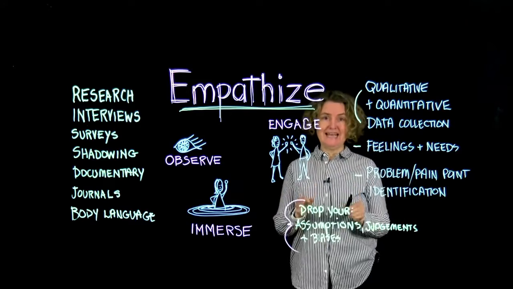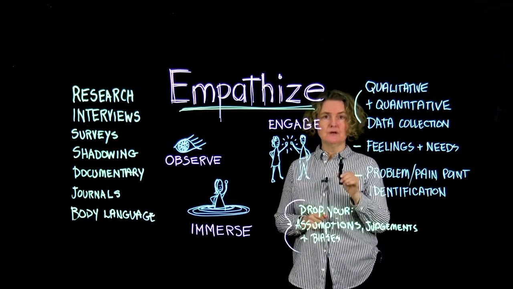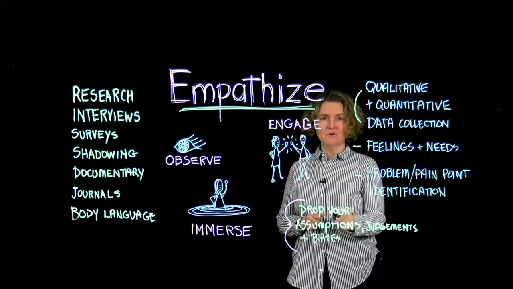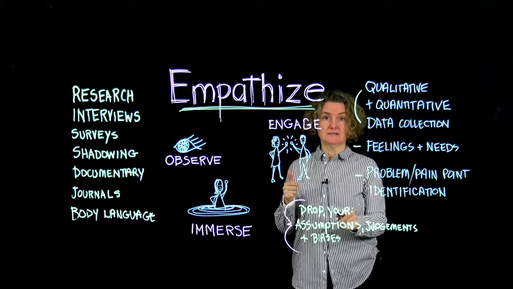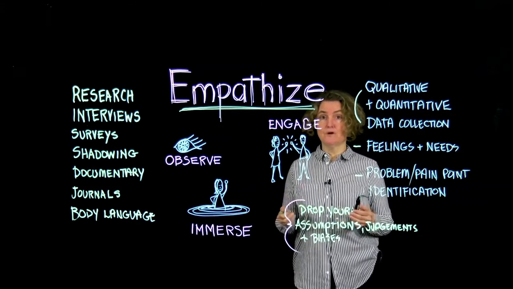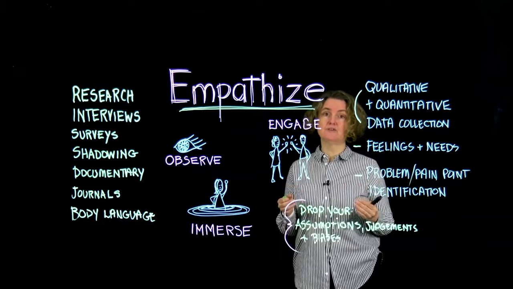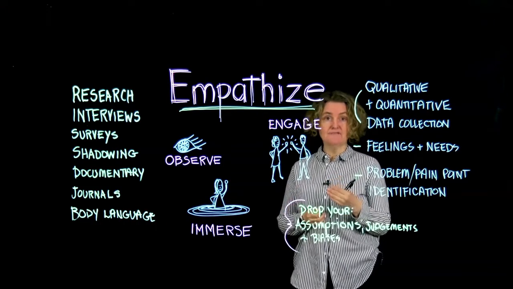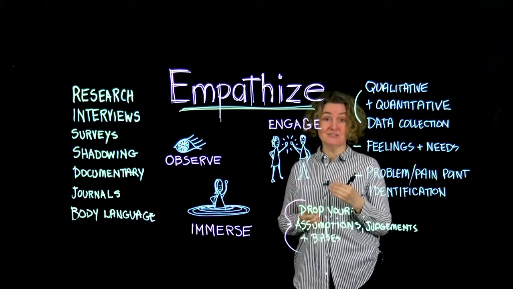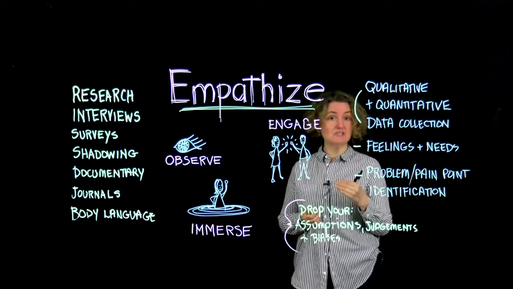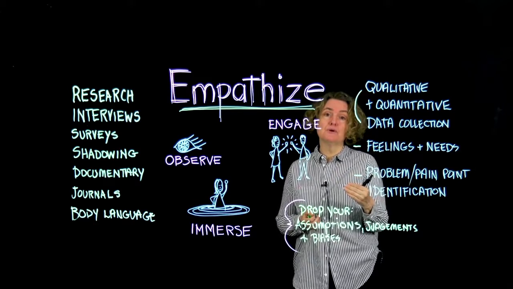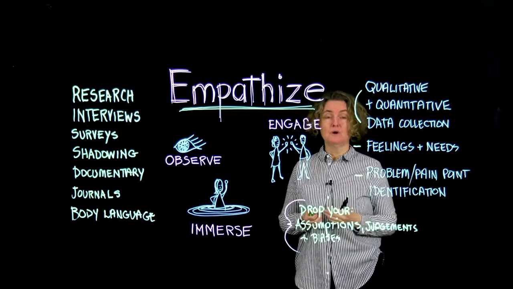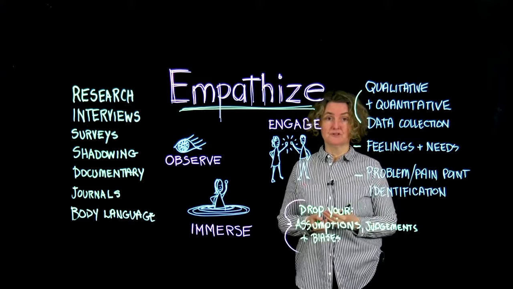Now, before we begin, we have to identify and focus on dropping our assumptions, judgments, and biases. If we're designing for a population that's 80 years old, then we have some unconscious or subconscious biases and judgments about what an 80-year-old person is capable of, what their physical parameters are.